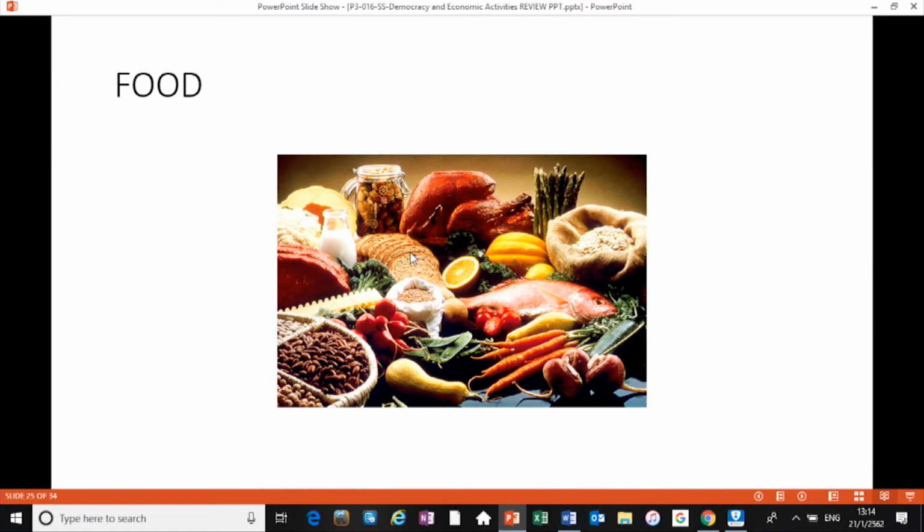Here? Bread. Let's see. I think here might be ham. It looks like we've got nuts here. And maybe some onions. Does anybody know what this is? Lemon or orange. All different types of food.